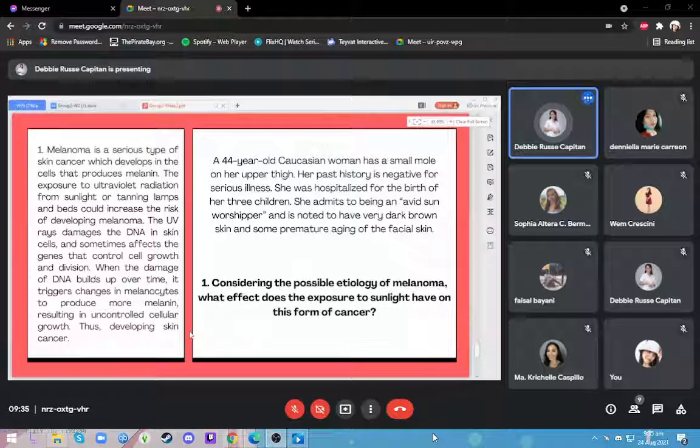The UV rays damage the DNA in skin cells and sometimes affect the genes that control cell growth and division. When the damage of DNA builds up over time, it triggers changes in melanocytes to produce more melanin, resulting in uncontrolled cellular growth, thus developing skin cancer.